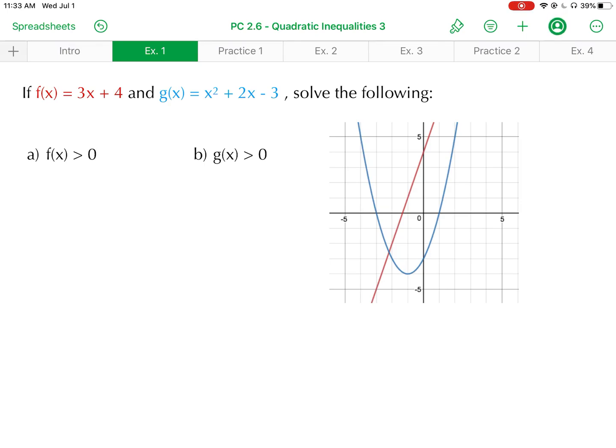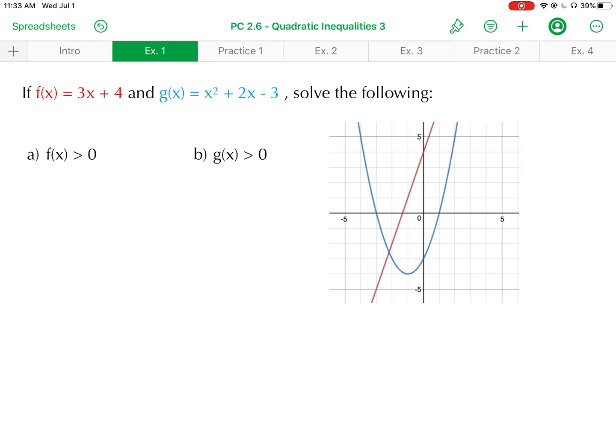So here you can see I have two functions, f of x and g of x. F of x is linear, g of x is quadratic, and I have their graphs over to the right, okay? And for both f of x and g of x, we're asked when are they greater than 0, okay? Now here's where you have to have a good understanding of function notation.